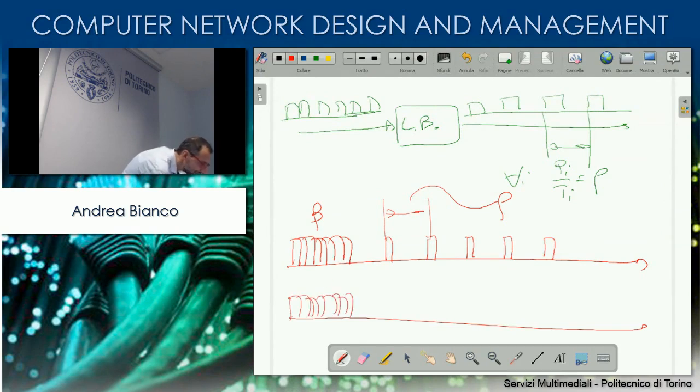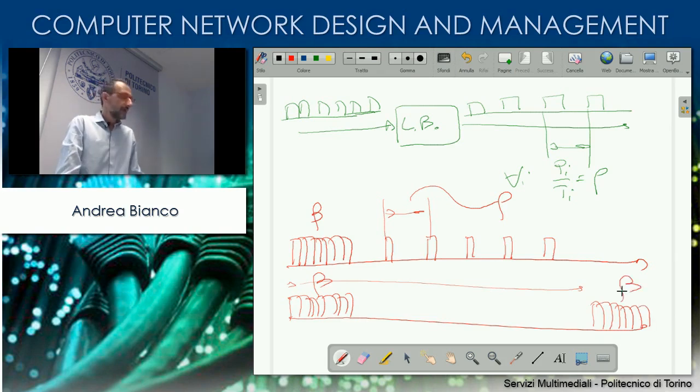Then I'm going to become silent for a time large enough to create again beta tokens. And then at that point, if you generate again beta packets, you can send them back to back. So you will have another burst here. Clear? That's more bursty behavior than the previous one, correct? Do you agree? That's the maximum burstiness you can create.